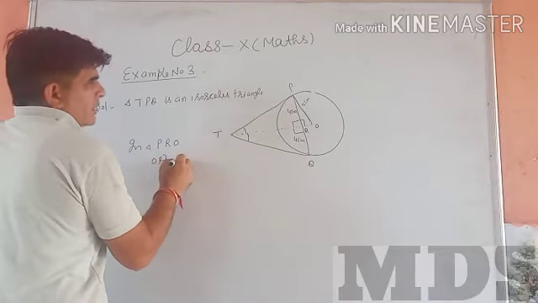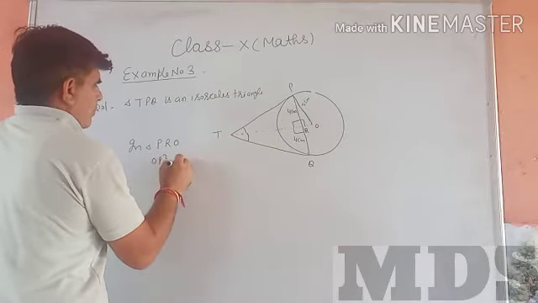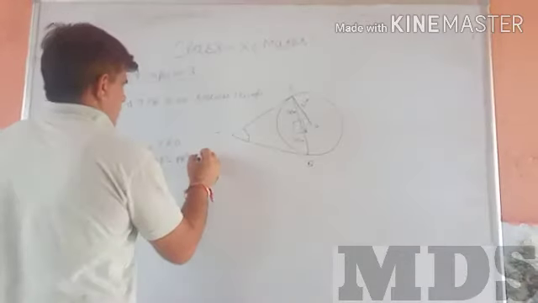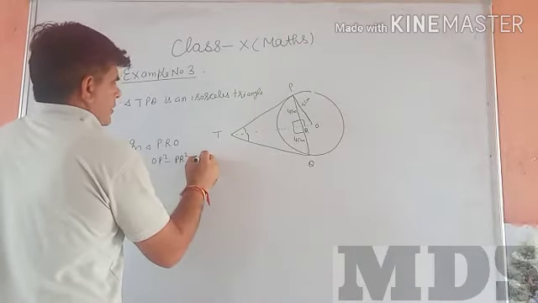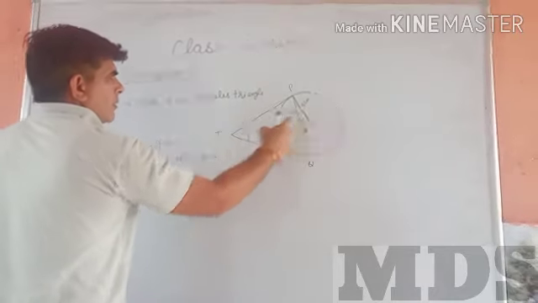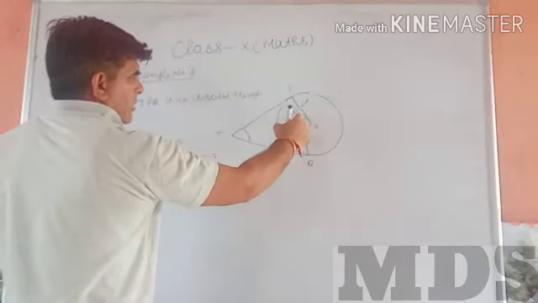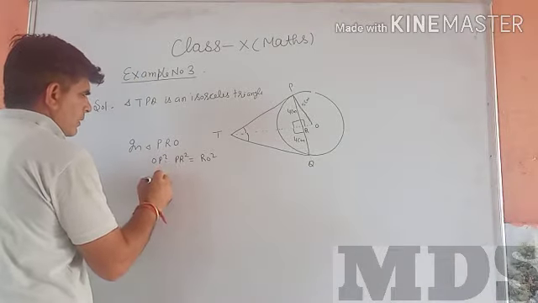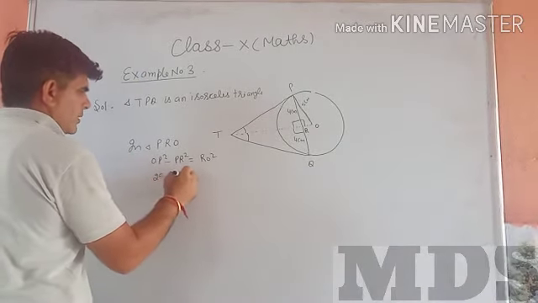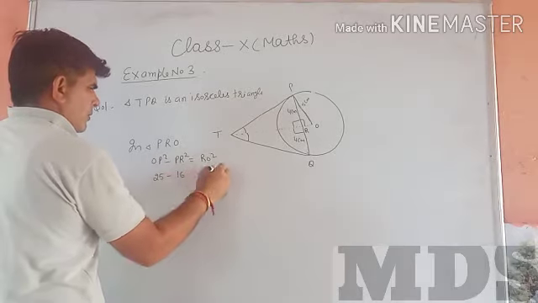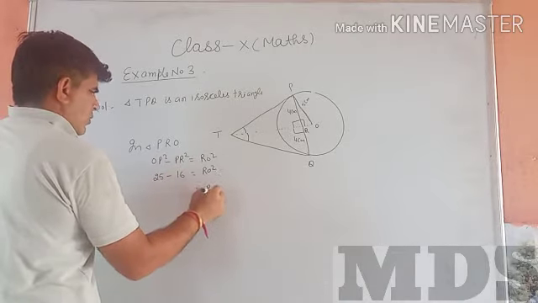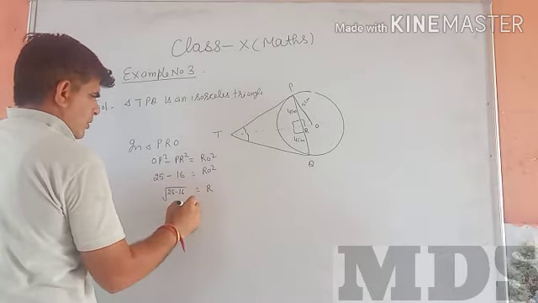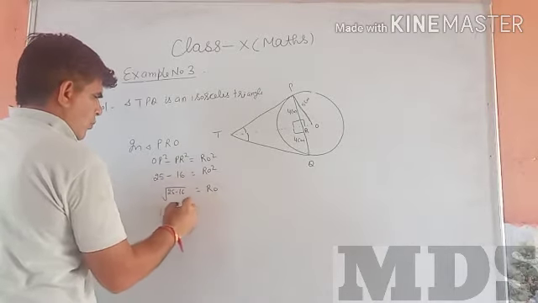OP square minus PR square is equal to RO square. Hypotenuse square minus perpendicular square is equal to base square. 25 minus 16 is equal to RO square. So RO is the square root of 25 minus 16, how much? 9.